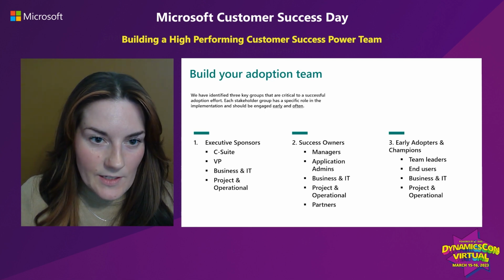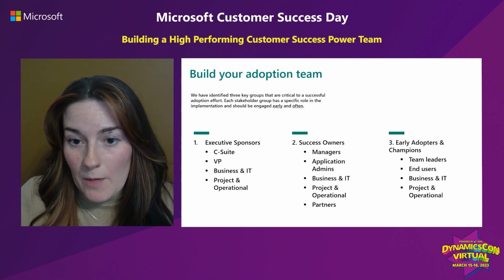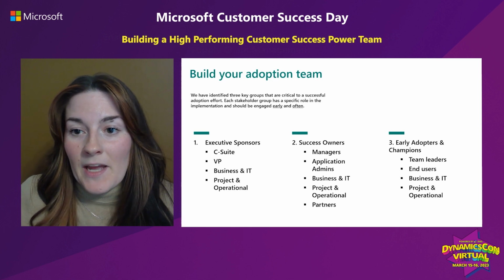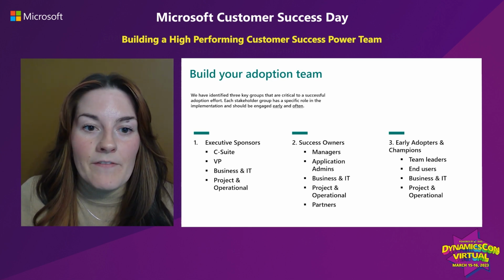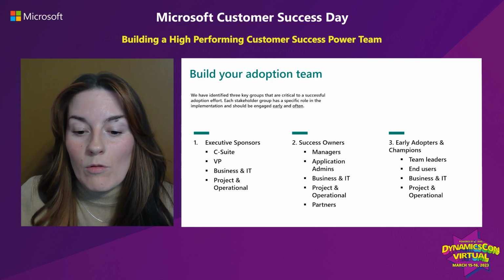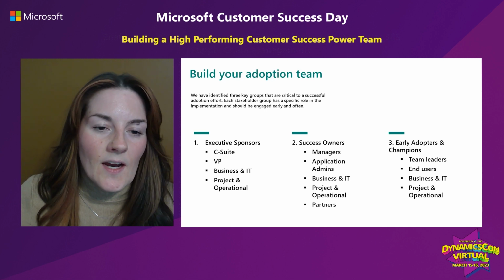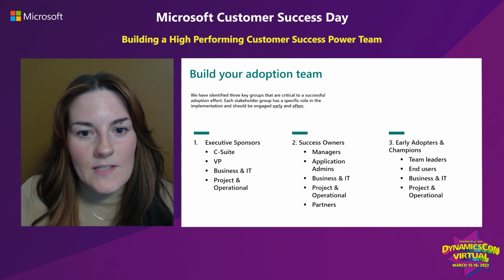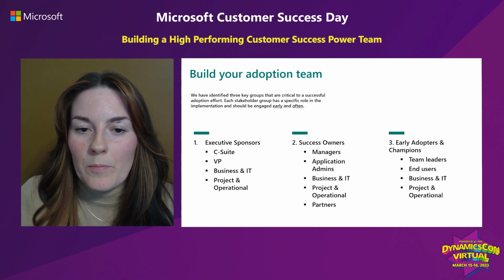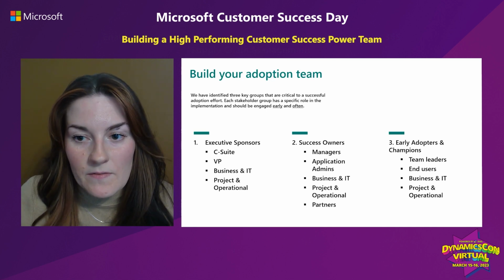A few things to consider for this team. Different members may be needed due to the nature of an app. So a CRM and an ERP app might have very different team members. And likewise, an adoption team for low code might also be even more different. So finally, consider that stakeholders will most likely be needed from both a project and an operational perspective.